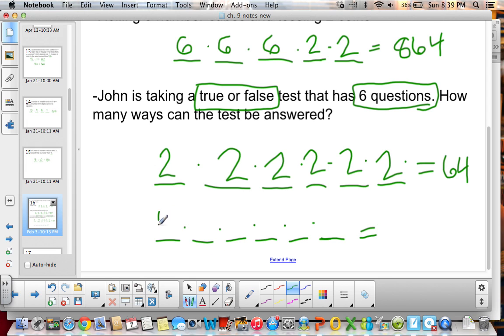Okay, so if you said that you would put 4, because usually multiple choice test questions have 4 answers, then instead it would be 4 times 4 times 4 times 4 times 4 times 4. So see how it stays with 6 blanks or 6 events, because each question is an event, and then based on how many answers, it changes the number that we multiply by. And then whatever that would equal.